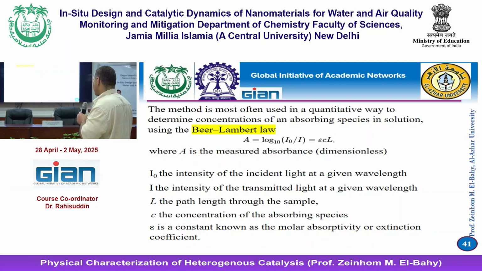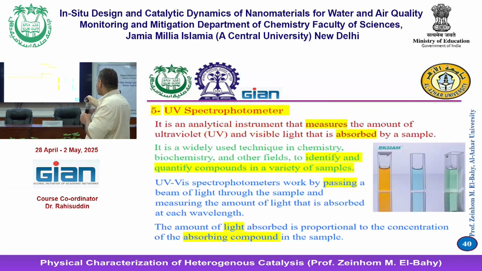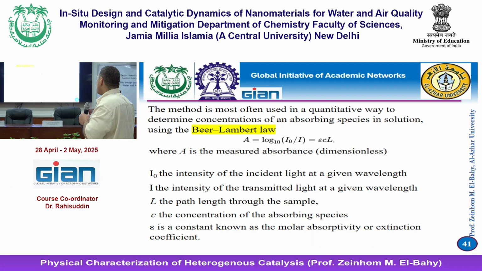What is L? This is L, the thickness of this sample. I think it is almost 1 centimeter or less. Epsilon is a constant known as the molar absorptivity or extinction coefficient.